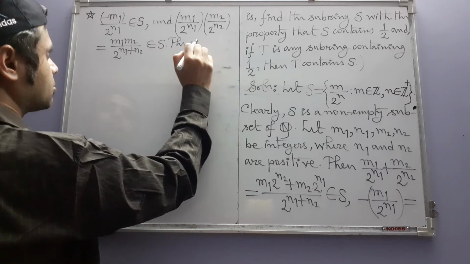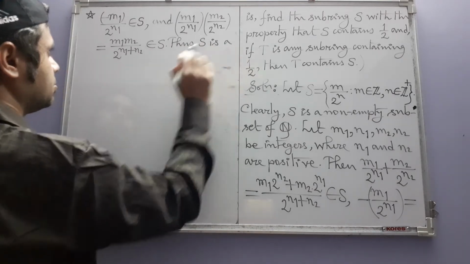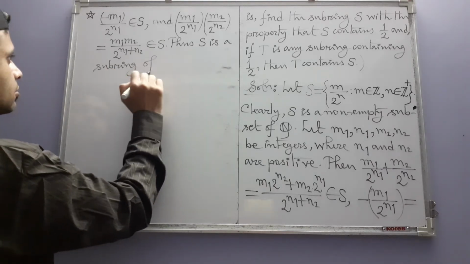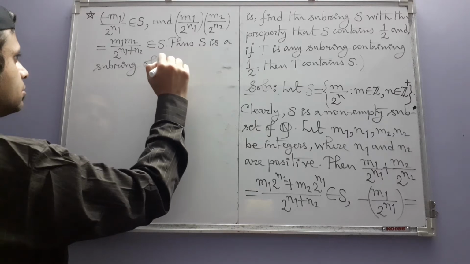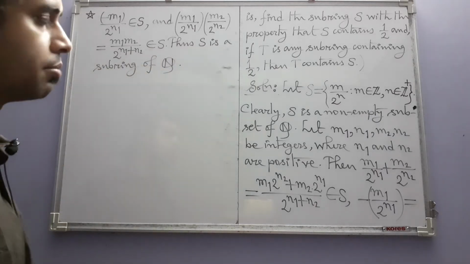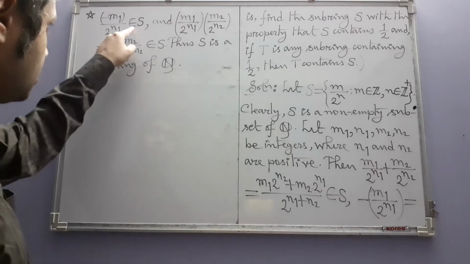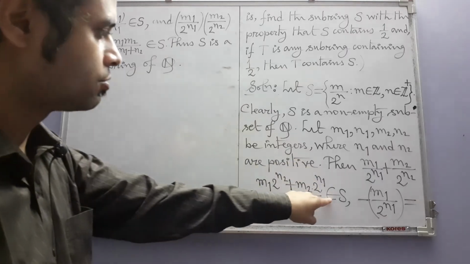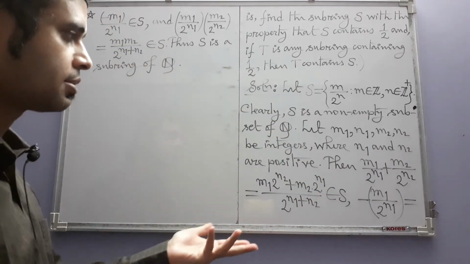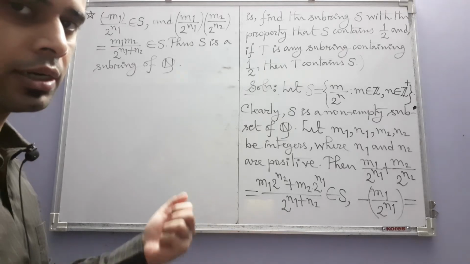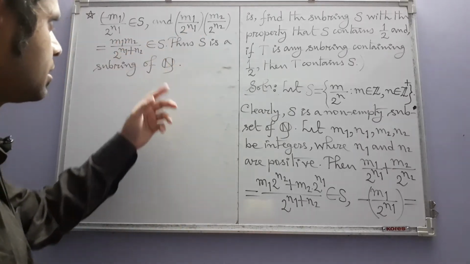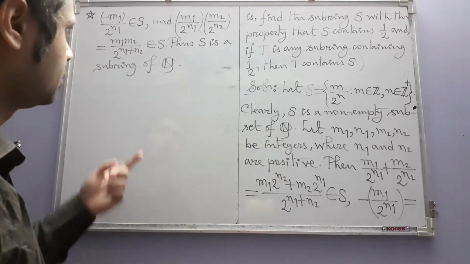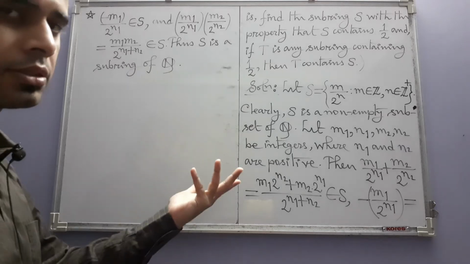Thus S is a subring of the ring of rational numbers. If you want, you can make the intermediate conclusion that because of these two things being in S, S is a subgroup of Q under addition, and then finally conclude that S is a subring of Q. But I have chosen not to write that subgroup part because it's understood.